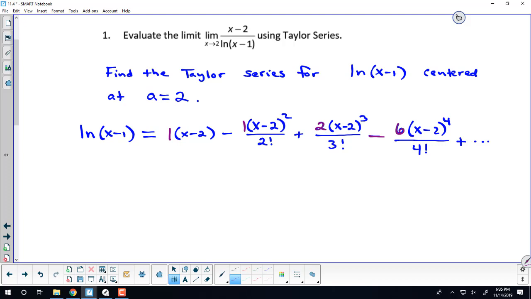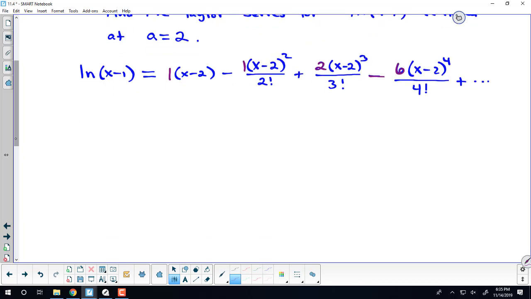Okay, so what we're going to do then is replace the ln of x minus 1 with this infinite series, and then compute that limit. Might need some more space, but all of that in for this.